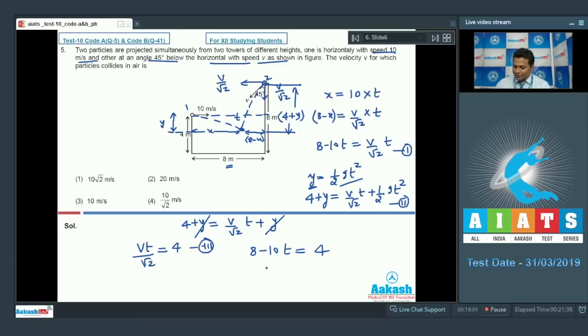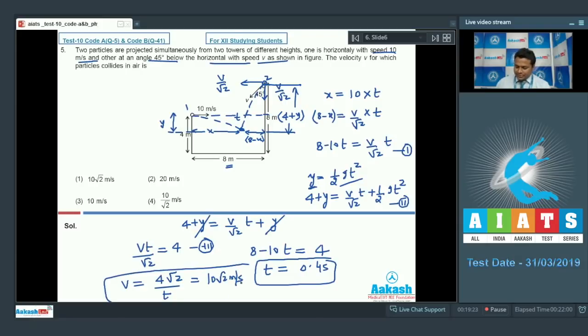So finally we have got t equals 0.4 second, and if we have got t, then we will be able to calculate v also from equation number 3. v will be 4 root 2 divided by t, that is 10 root 2 meter per second.